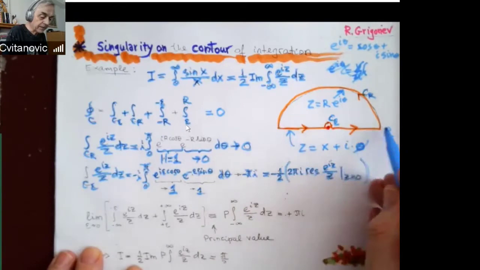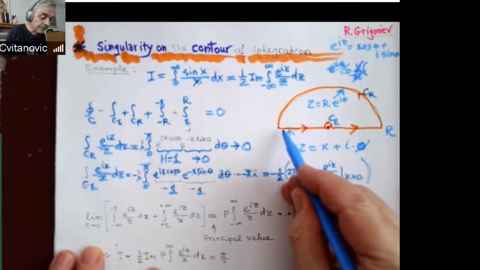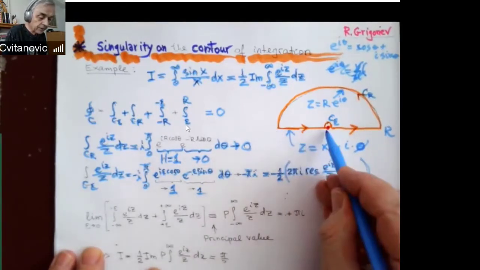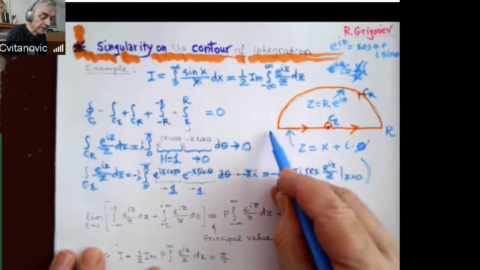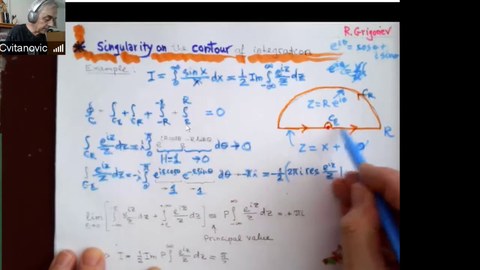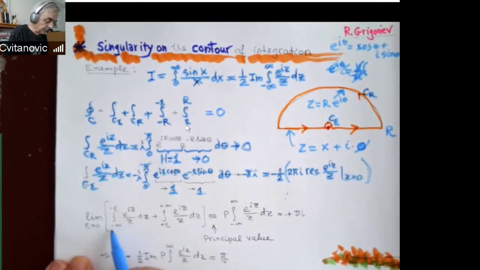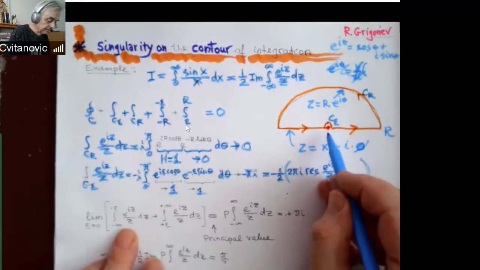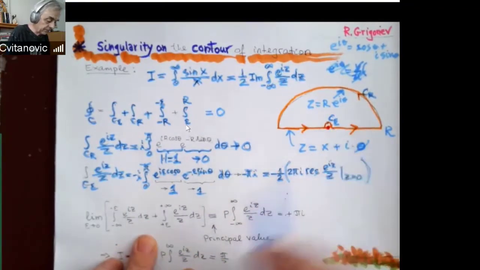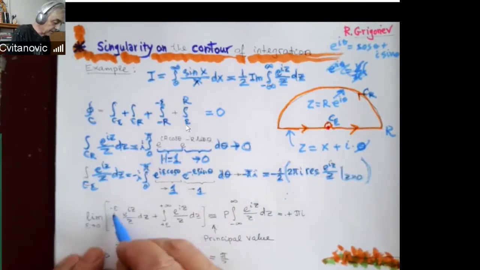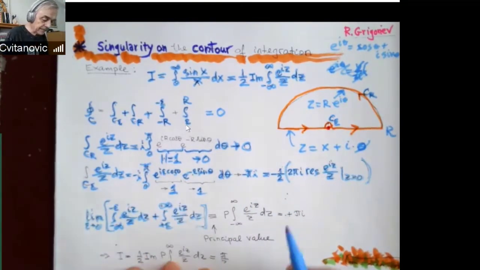The remaining part of the integral is the stuff that goes from minus infinity, or minus r, to 0, and then from r to 0. So it's these two guys. Start at infinity, get close, integrate. Start close, go to infinity. And that by definition is the principal value.